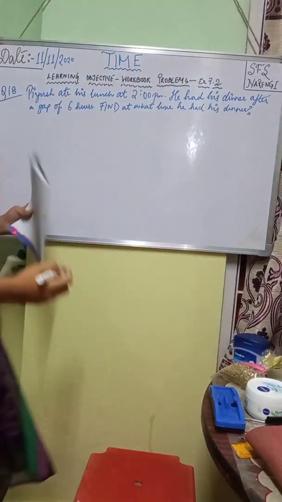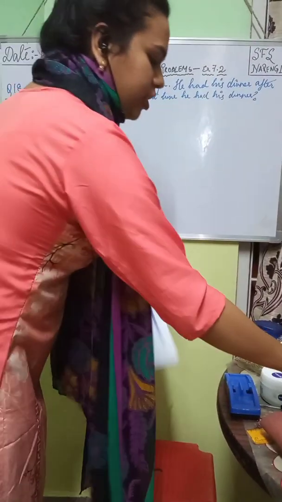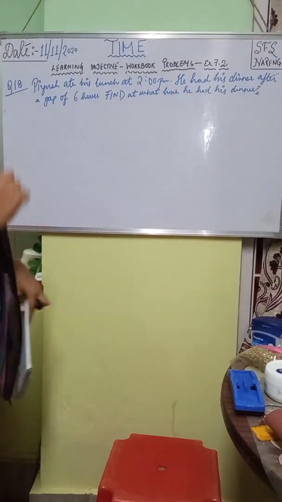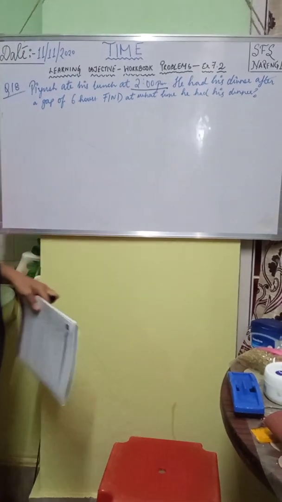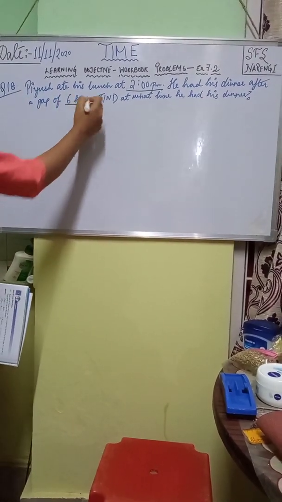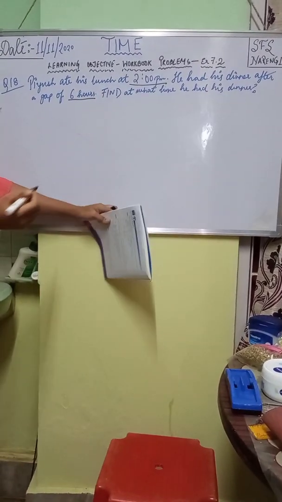So what do we have here, children? A person named Piyush ate his lunch at 2 p.m., and he had his dinner after 6 hours. So we have to find that.